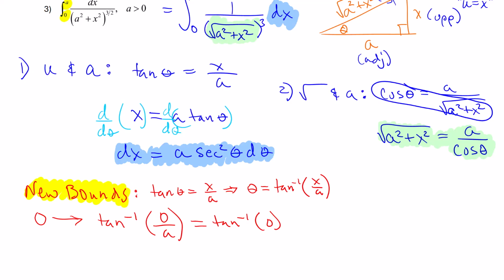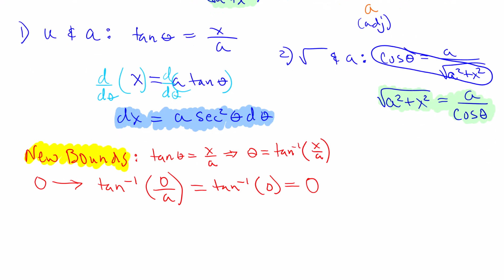Okay, so all these details definitely matter. And put your trig hat back on for a second, of course, or just go back and review. The tangent inverse of 0 is just 0. So actually that bound doesn't change at all. That's good news. Sometimes the bounds don't change, but we always have to double check.